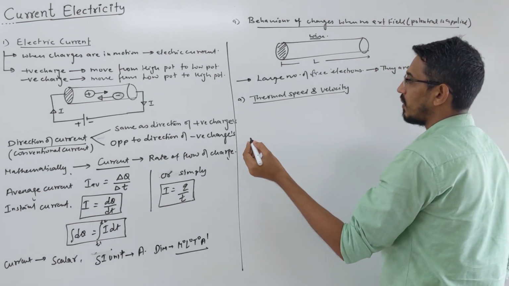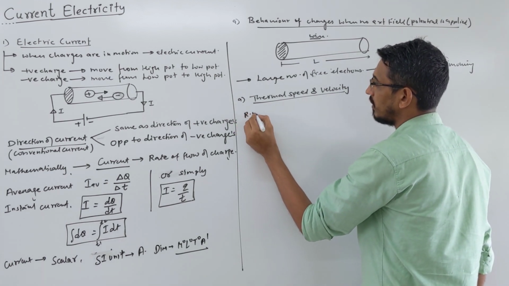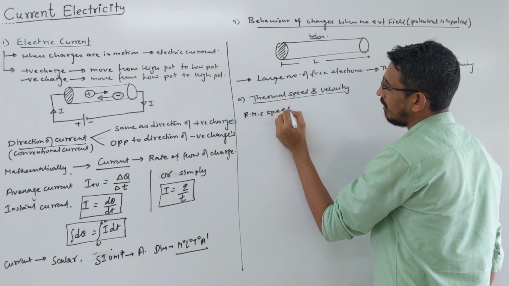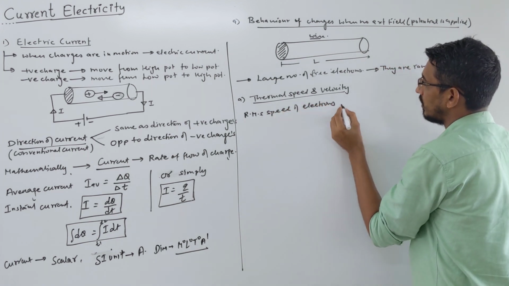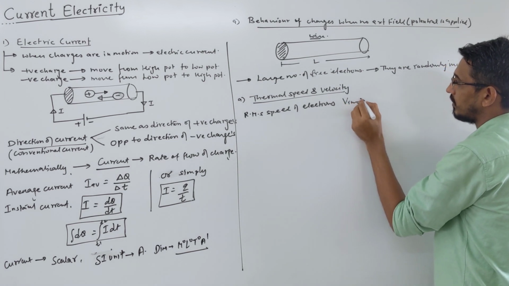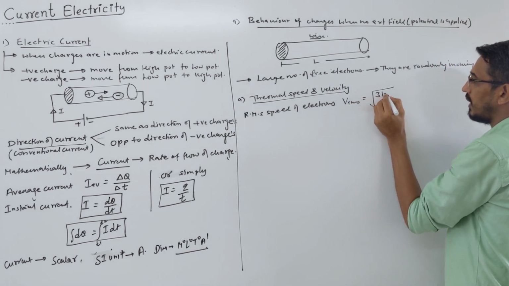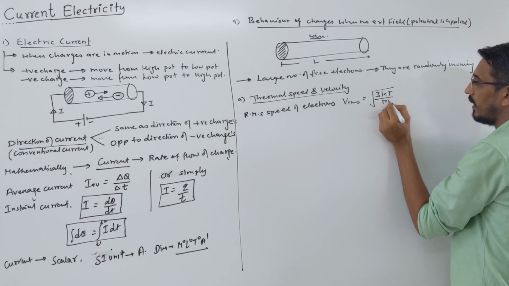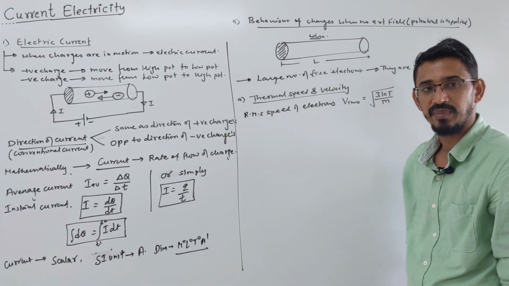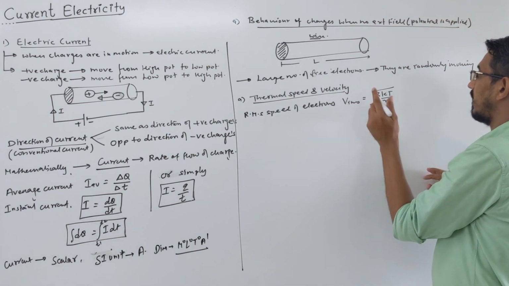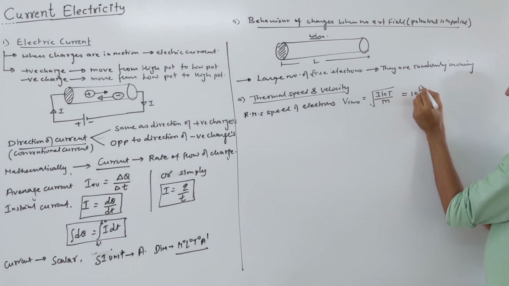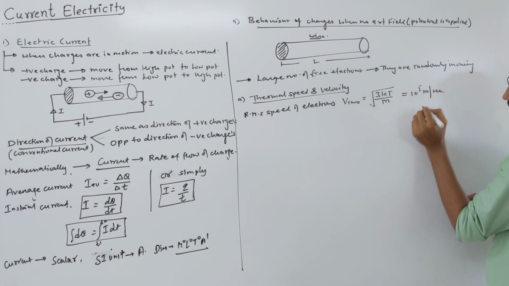Remember this formula we already discussed, the RMS speed of these electrons: root of 3kT by m, or 3RT by M also you can write. In thermal physics we have learned this formula. At this speed these electrons are moving, which is around 10 power 5 meter per second.